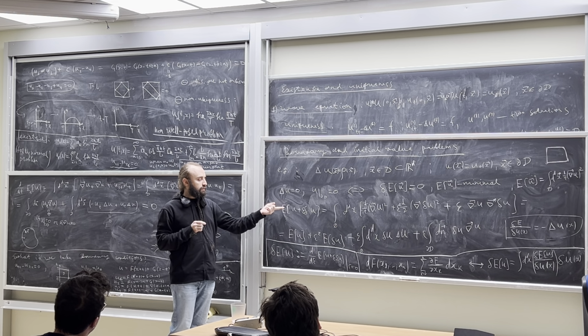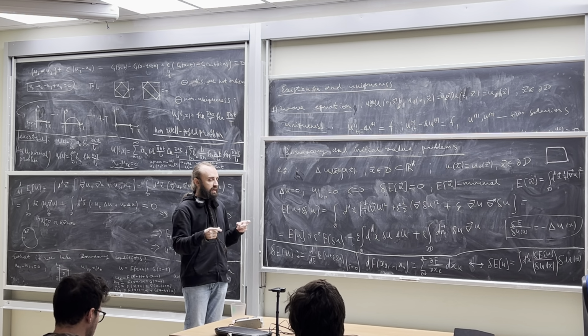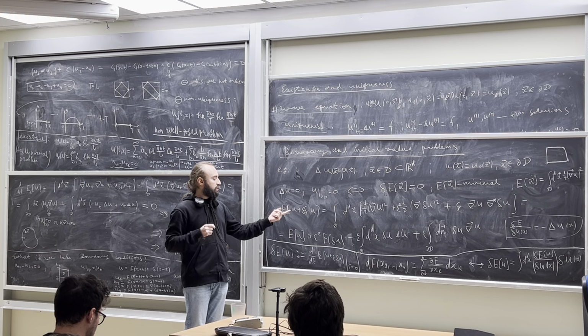The analogy between functional and function is the following: a function depends on a finite set of variables, x1 and so on xn, and the argument of a functional is a function. To describe a function, we need to give all its values at all points. So in some sense, values of this function u at all points are the arguments of this functional.